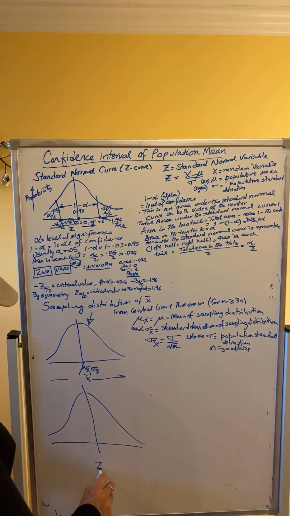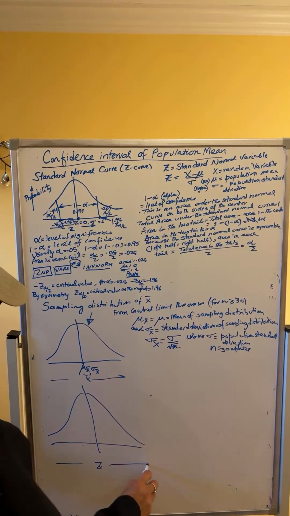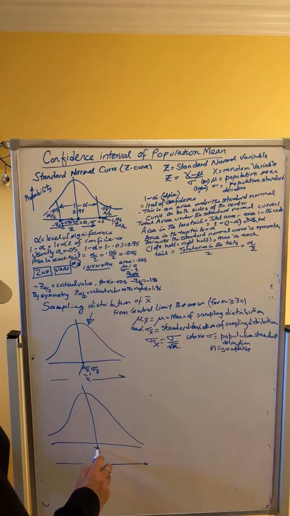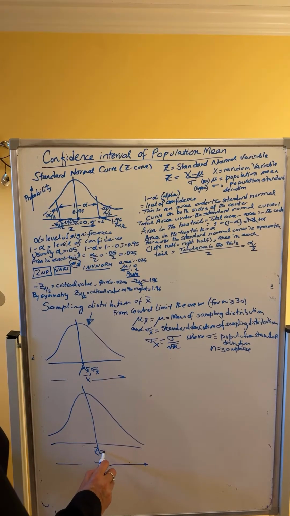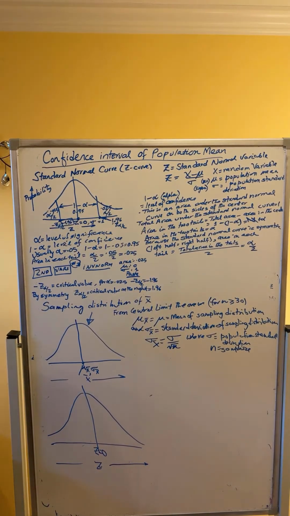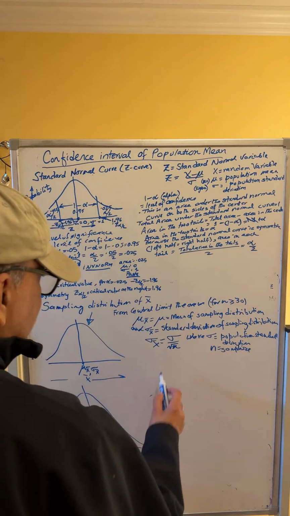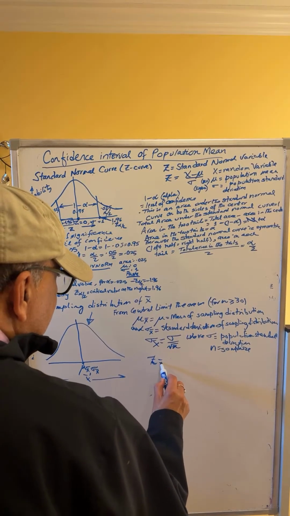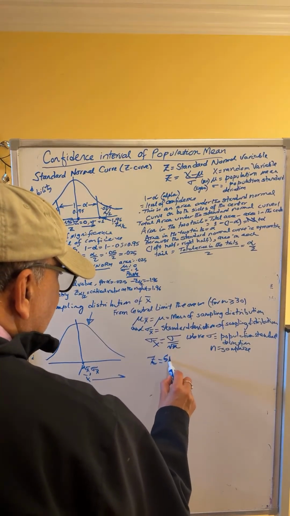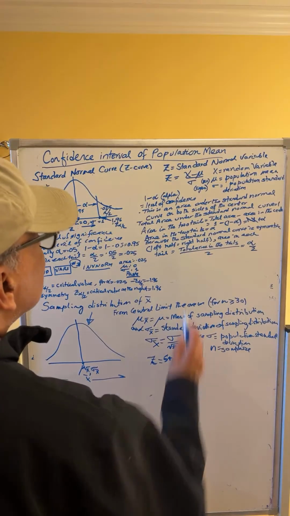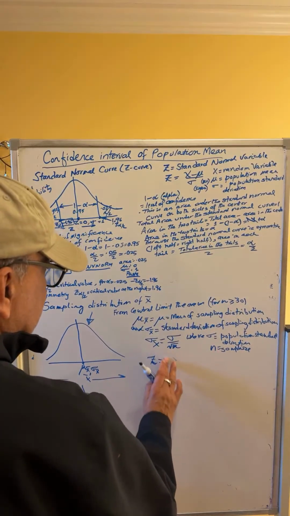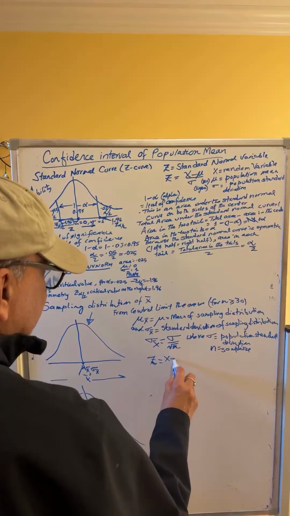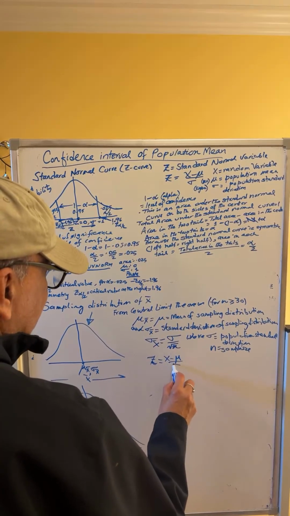This is a Z curve, with Z values on the horizontal axis, and the center is Z equal to 0, right? Normally Z is defined for x. Z is the standard normal variable. I defined it already. So Z is equal to x minus mu, divided by sigma.